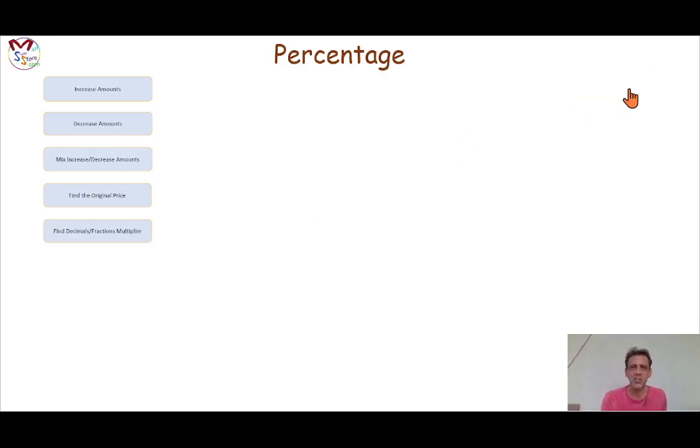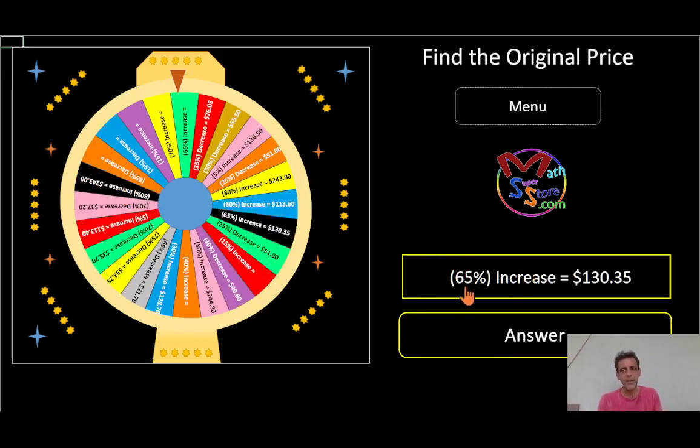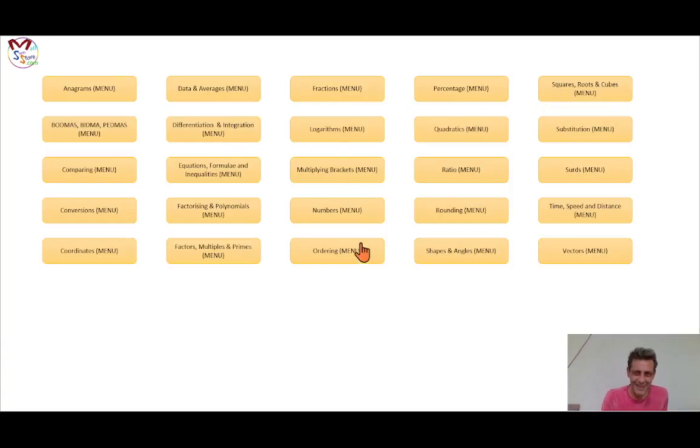And we've got a percentage change menu, so you've got increase amounts, decrease amounts, mixed increase and decrease amounts, find the original price and find the decimal fraction multiplier, finding the original price. So we've got a 65% increase equals this. So some numbers being increased by 65% and given this, so there was $79, and you can work that out if you want. And that was percentages.